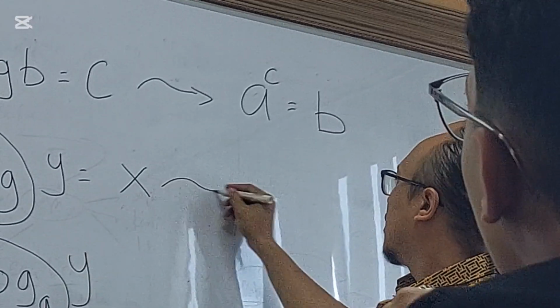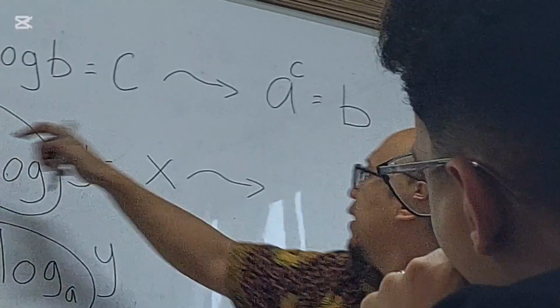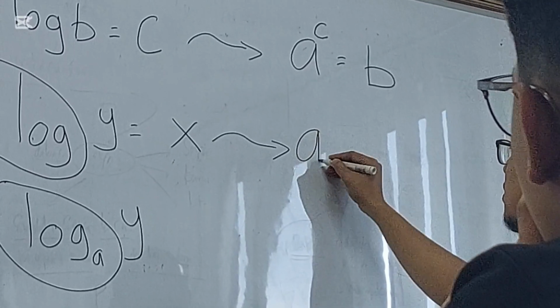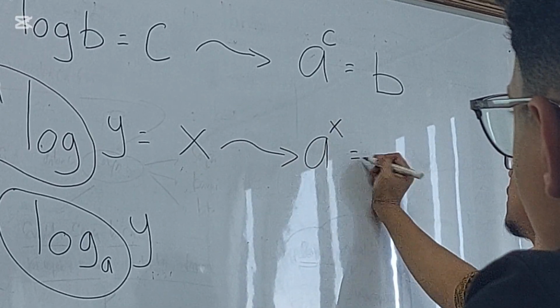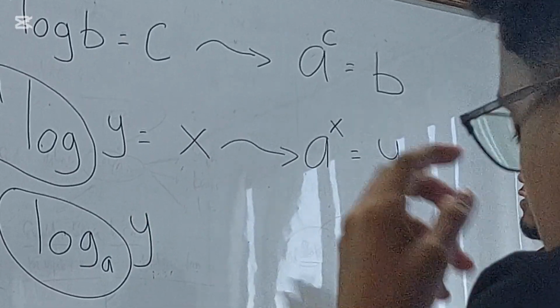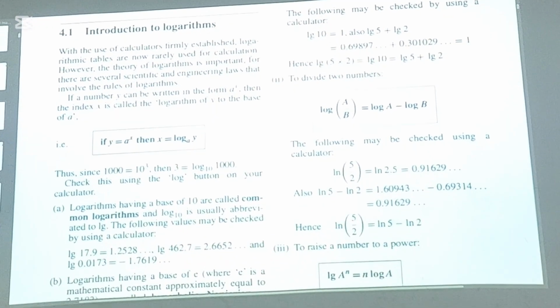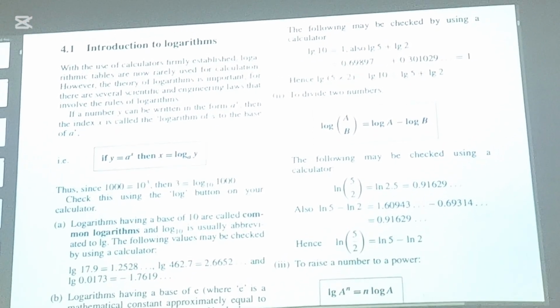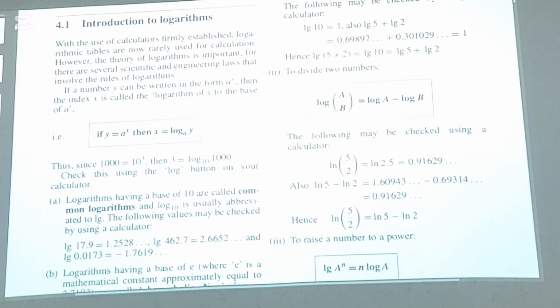Also this one we can transfer into a power x equal to y. This is also the same. If you put the a parameter at the upper left side, you can change it to this exponential function. Also this one, yeah?